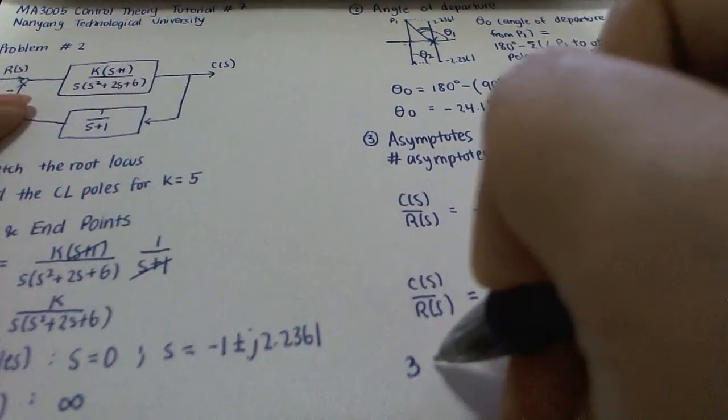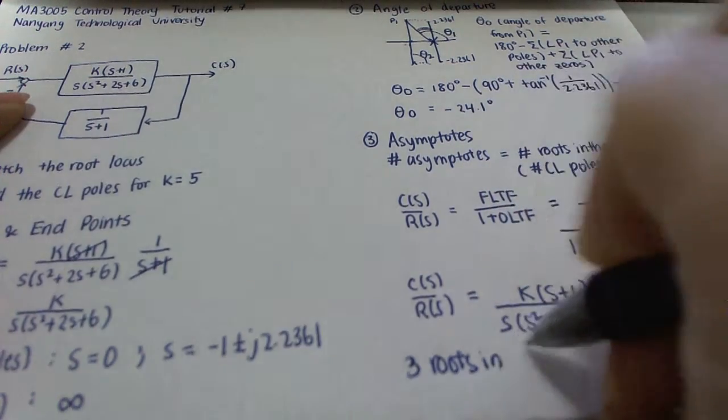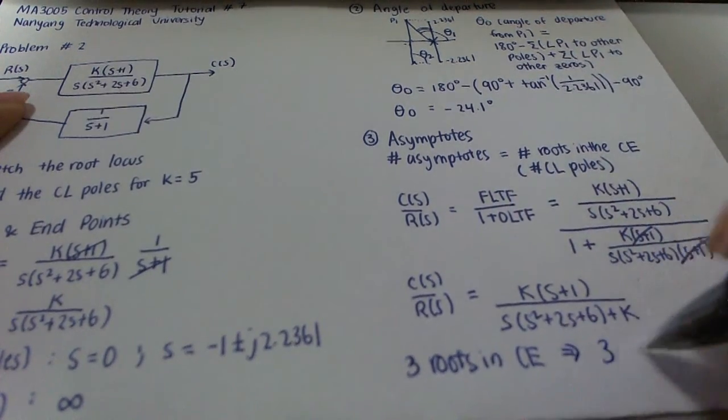So we have 3 roots in CE and 3 asymptotes.